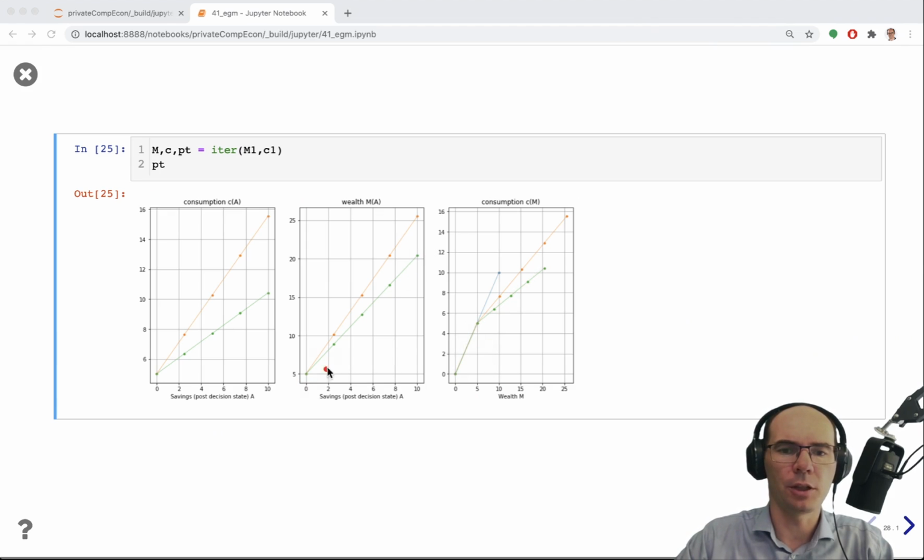All the rest of EGM works exactly in the same way, right? We go through the grid over A, over the post-decision state, and it goes from 0 all the way to 10 in 5 points. But the 0th point, as you can see, produces 5 on the wealth grid. So if you save 0, then tomorrow's wealth is going to be exactly 5, right? 0 does not earn any interest, and then tomorrow's wealth is going to be exactly 5.